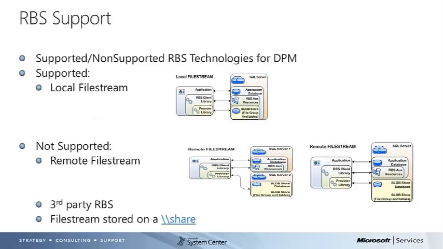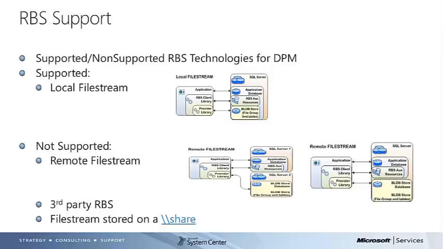Now, the only thing that we're really going to cover now that we have a decent understanding of what remote blob storage, or RBS, is, we're going to cover what we can support. Now, this is specific to protecting a SharePoint farm using Data Protection Manager 2012 or 2012 SP1 that is using a SQL backend that's using RBS.